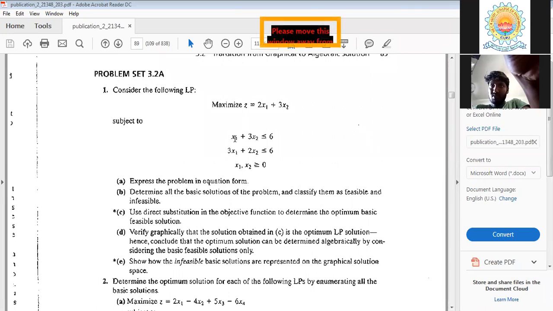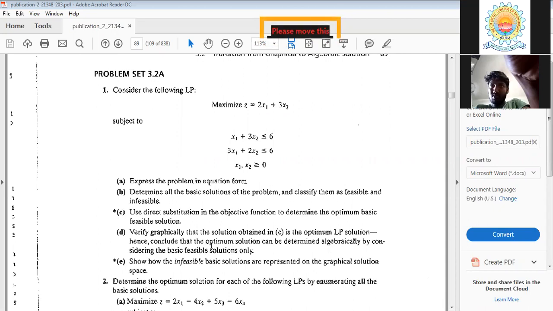So if you assume x1 is equal to 0, you can find out x2 is equal to how much. And if x2 is equal to 0, you can find out x1 is equal to how much. Similarly, in this case also, you have to find out the points of the particular equation, with respect to the x direction and the y direction. So determine all the basic feasible solutions. Use direct substitution in the objective function to determine the optimum basic feasible solution.